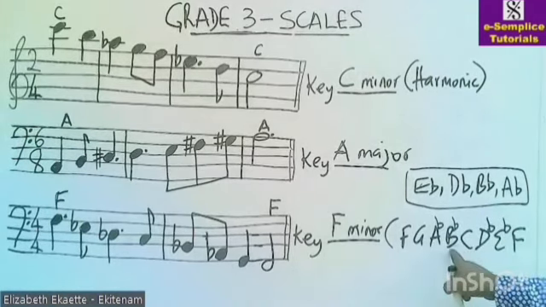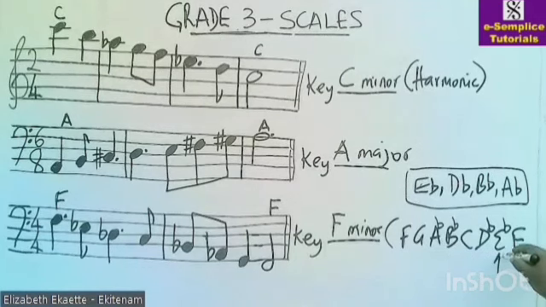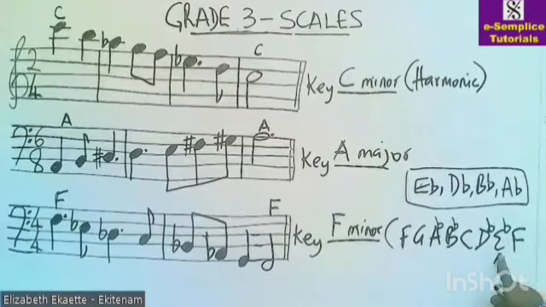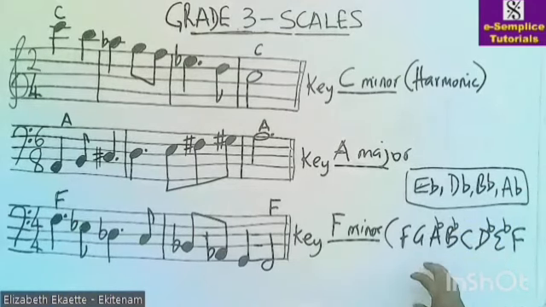Now, if this scale were a harmonic scale, the seventh note should have been raised. And if the seventh note is raised, it can no longer be E flat. So for us to still have E flat in this scale, it means it is not the harmonic form, but the melodic form. Why is it the melodic?